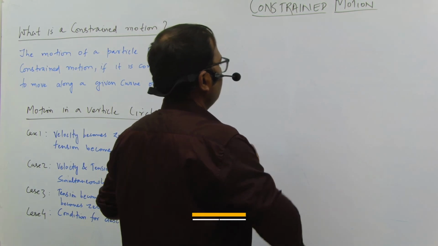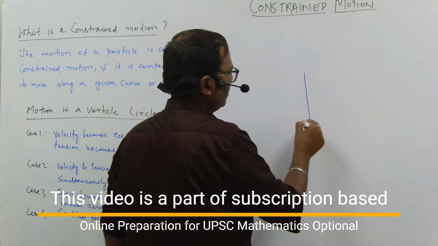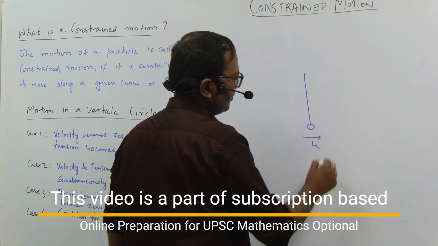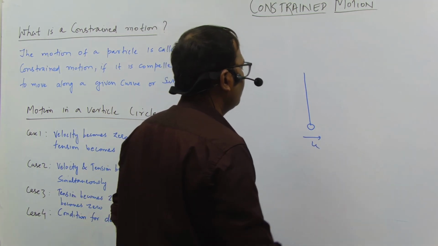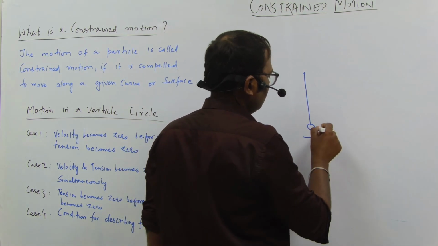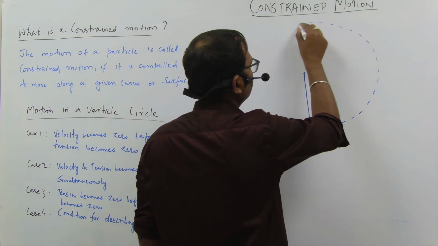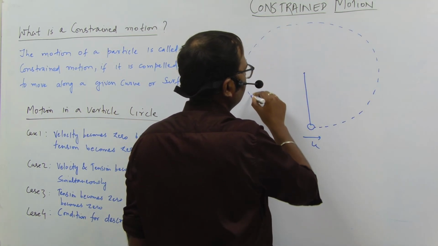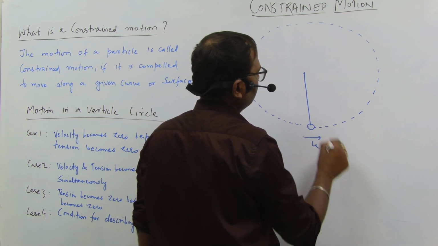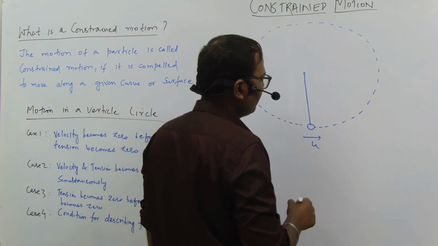Let us take a ball that is tied to a string. Now the velocity u is provided to this ball. Since it is tied to a string, it will follow a circular path like this. So the motion is constrained to move along a circular fashion.